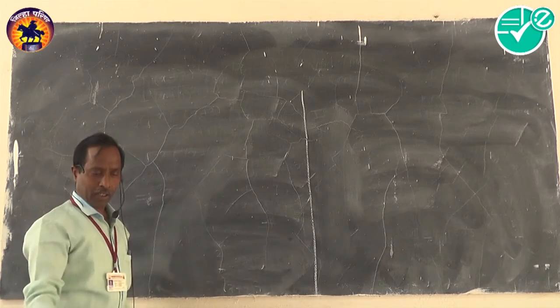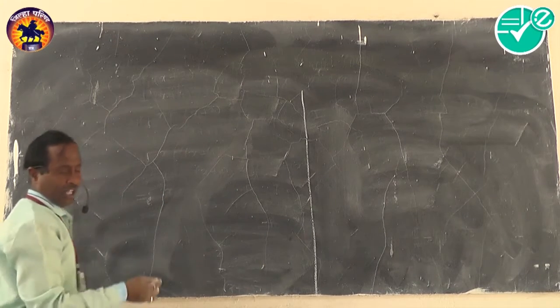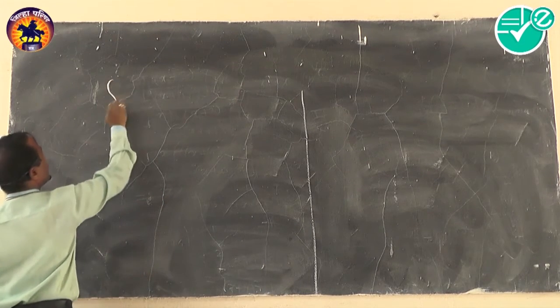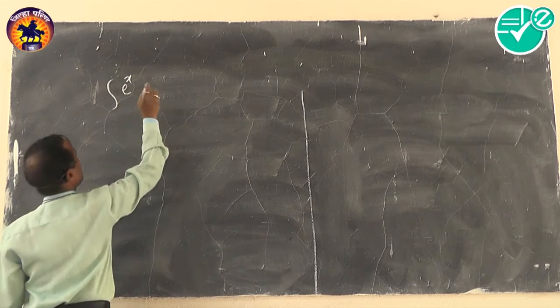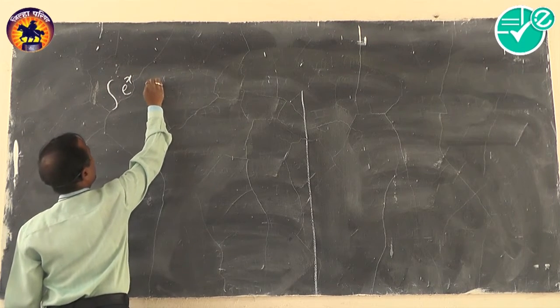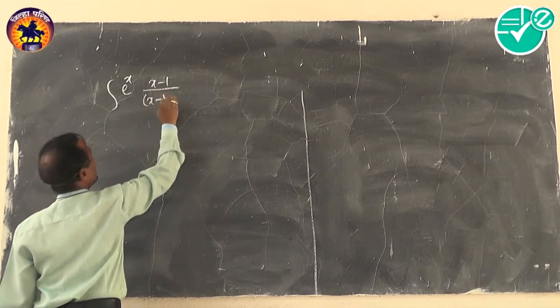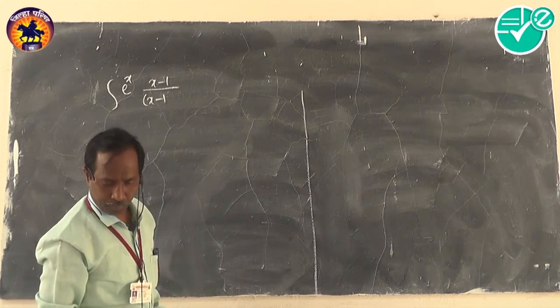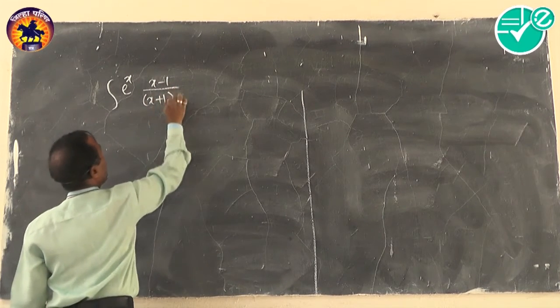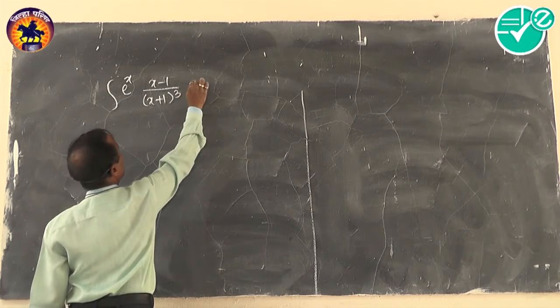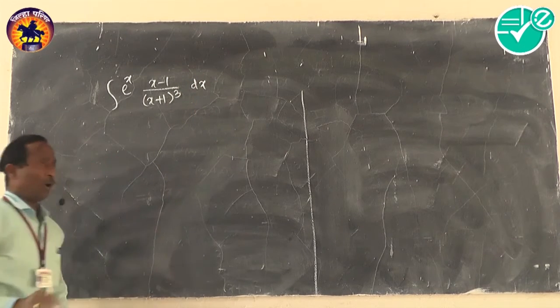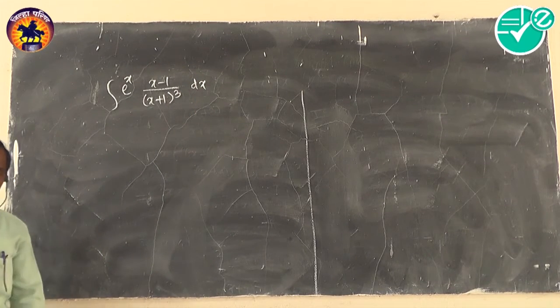Now we are going to take the next example. Integral of e to the power x into (x minus 1) upon (x plus 1) whole cube dx. Now we want to find the integration of this function.